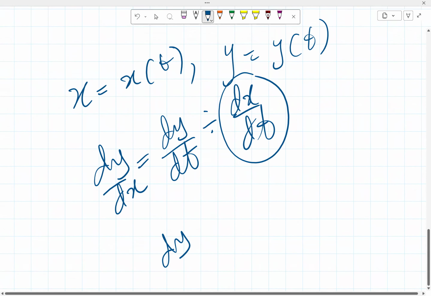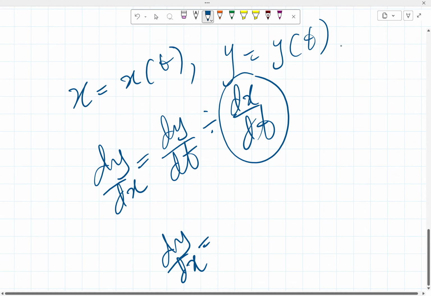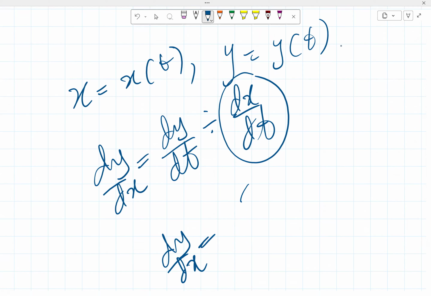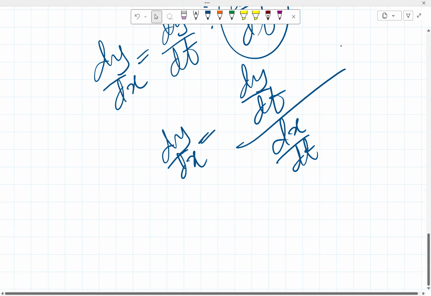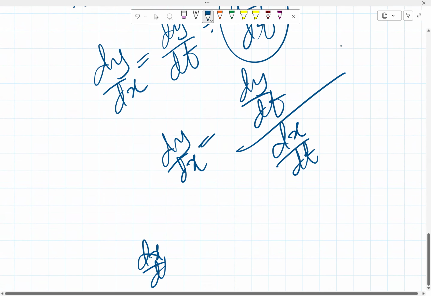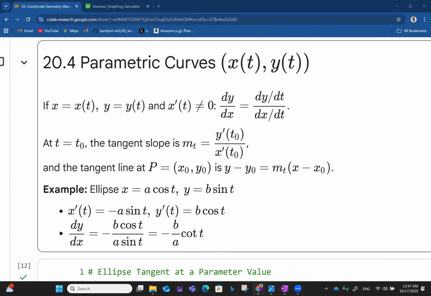So dy dx is equal to dy dt all over dx dt, and dx dt must not be equal to 0. If not, the derivative will be undefined, right? Very important to take note of that.